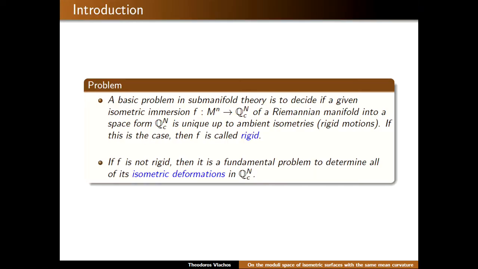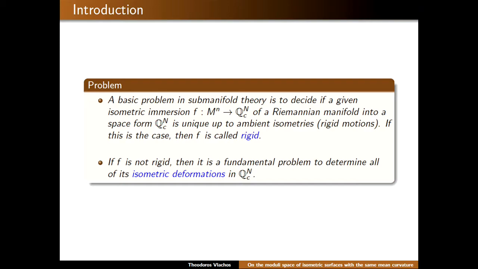I will start with a rather basic question in the theory of isometric immersions. Given a Riemannian manifold and an isometric immersion into a space form, is this isometric immersion unique? Uniqueness is always understood up to ambient isometries.